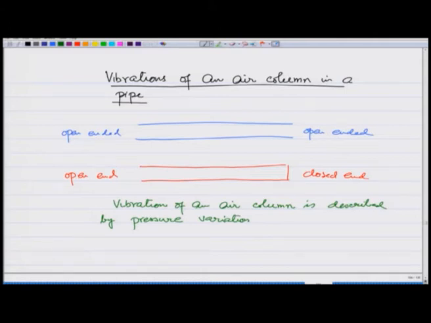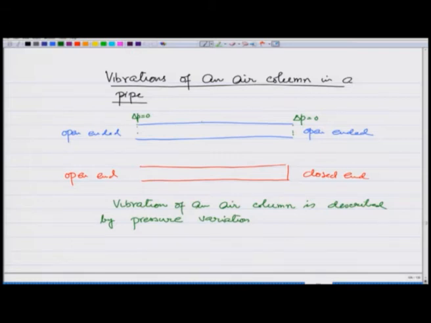And if you look at these two pipes, we have been discussing that at the open end, the pressure would be the same as in the atmosphere. So, pressure variation at the ends would be 0, whereas in the middle it could be quite large.